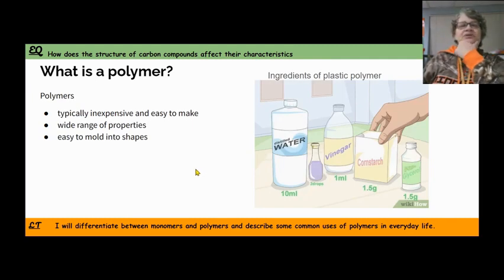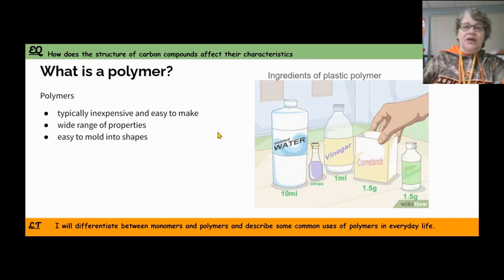What is a polymer? It's typically inexpensive and easy to make. For example, many plastics can be made with the things that you see in this picture, which are just household chemicals. There's a wide range of properties.